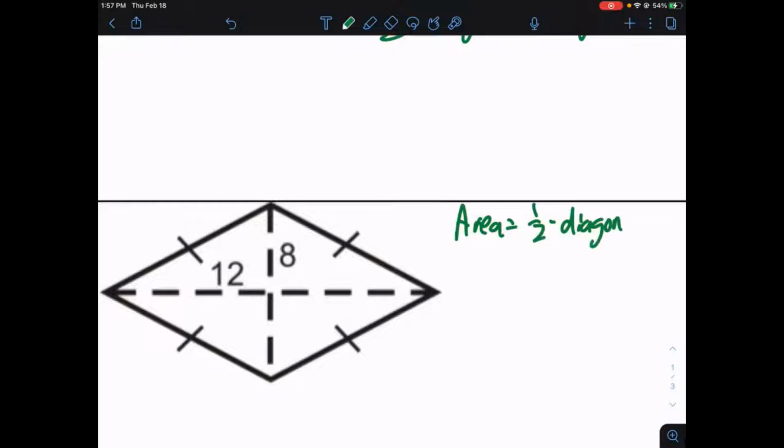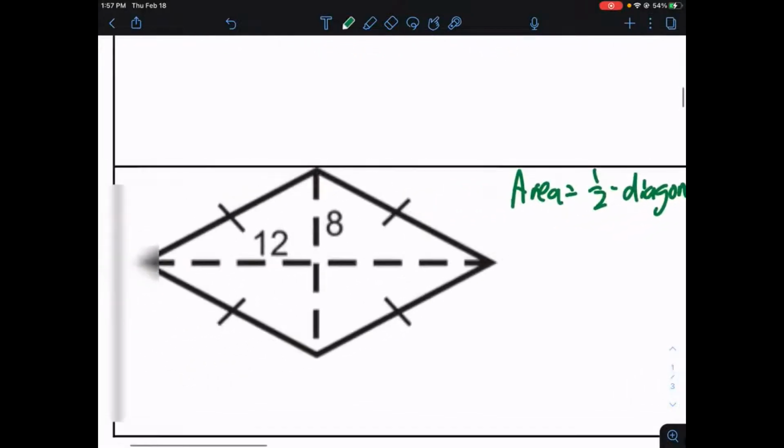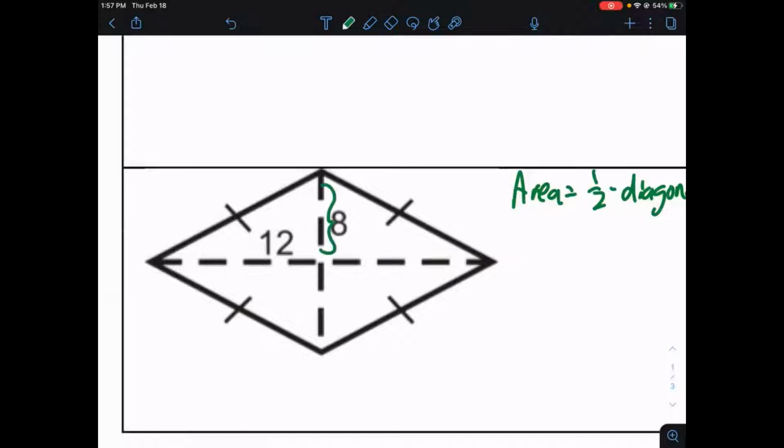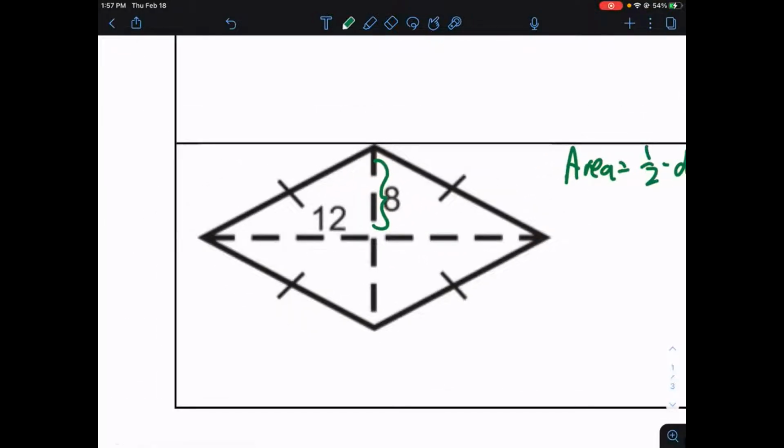So let me just copy down the formula first. Okay, so in case it's not clear, the 8 only represents this part. But one of the properties we learned is that for a parallelogram such as the rhombus, the diagonals bisect each other, right? So this half is also 8.